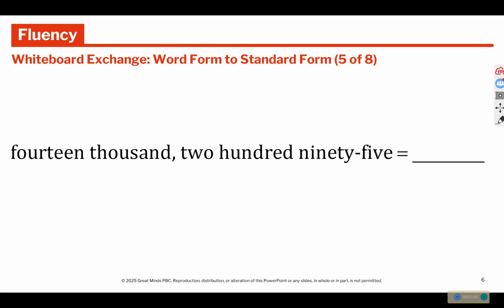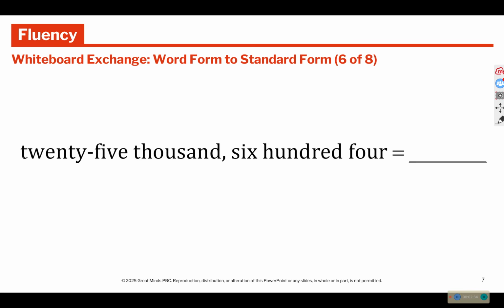14,295. The 14,000 now introduces the 10,000s place. Write your answer. And let's check. 3, 2, 1. $25,604.